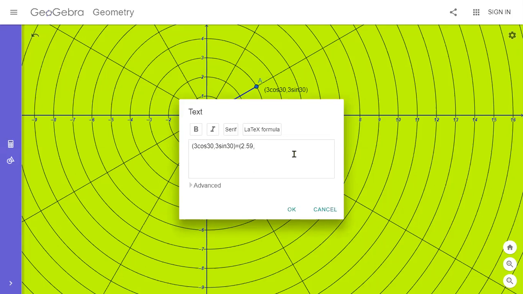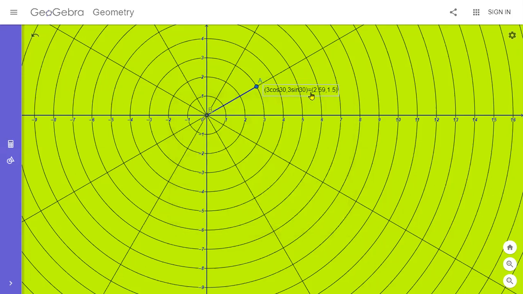Comma, and if we type 3 sine 30 degrees, the value will be 3 over 2, that means 1.5. The equivalent Cartesian coordinate of this point A is 2.59 and 1.5.